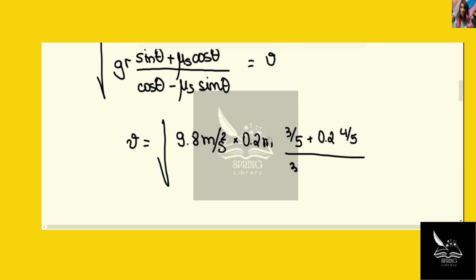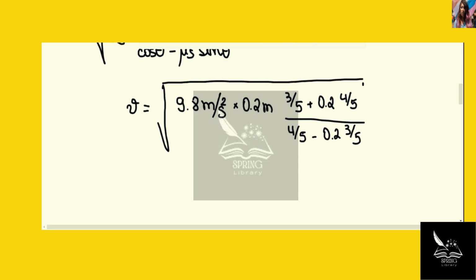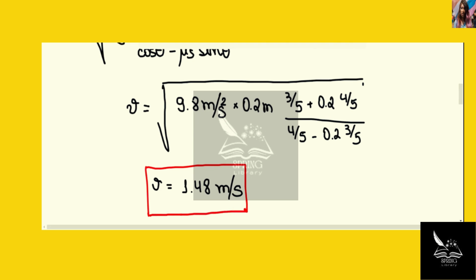Then we have 4/5 minus 0.2 times 3/5. And we obtain that v is equal to 1.48 meters per second, which is the answer to our exercise. This is the maximum value that a spool can have so that it does not slip up the rod.